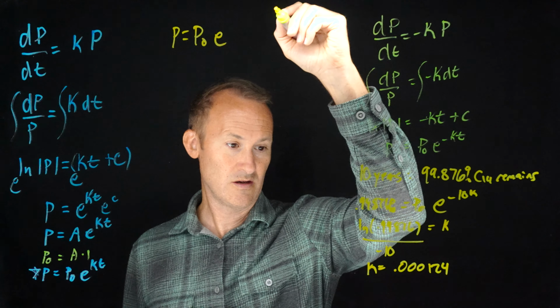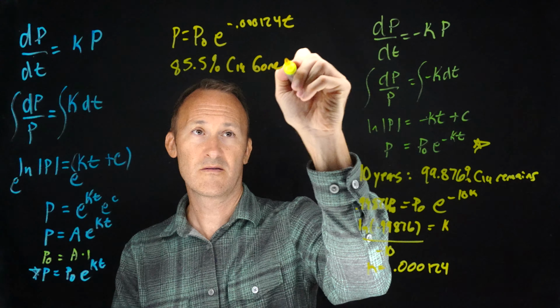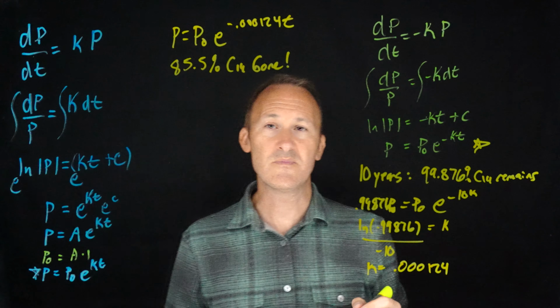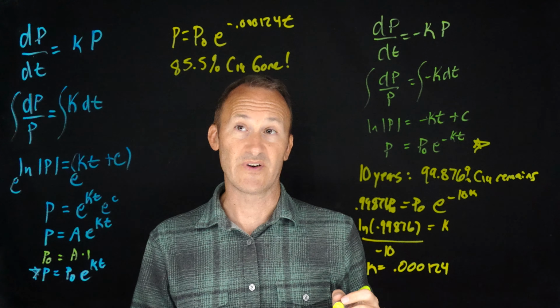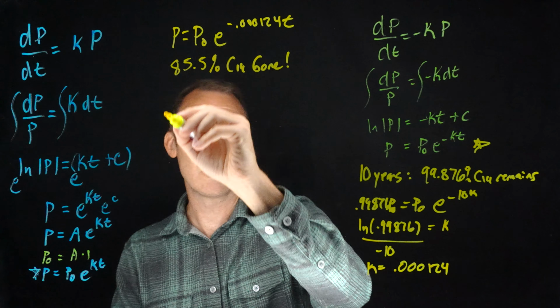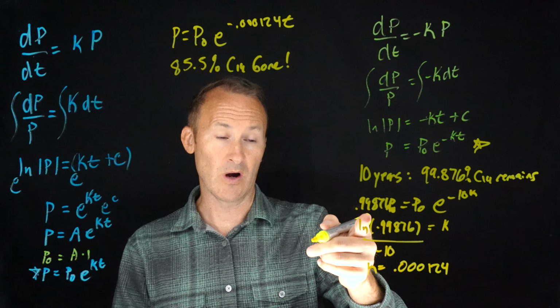And when somebody did that, they found that 85.5% of C14 was gone. And so what that means then is 14.5% is left.